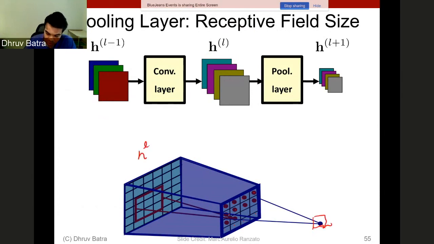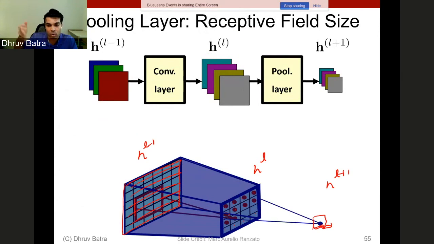So this is HL-1, this is HL, this is HL plus 1, a slice in HL. This is one pixel in HL plus 1. As a result of pooling, you have a larger set of pixels that change this pixel value. And this is quite common.